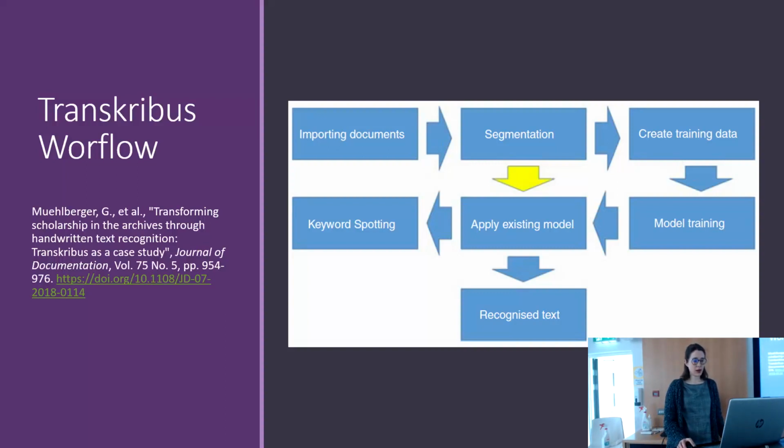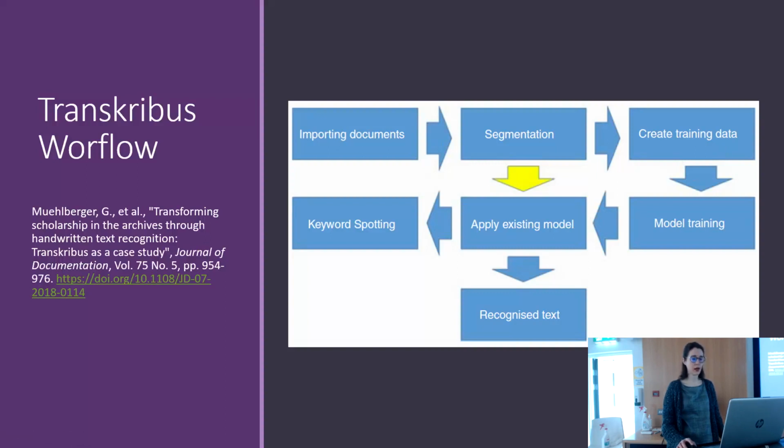At this point, if you want to apply handwritten text recognition, as in our case, you have two options. You can apply an existing model, so there are many, like 120 public models on Transkribus, and you can try to apply a model that someone has trained on similar documents. Or you need to create your own model, and in this case you need some training data, which are the transcriptions of your documents.